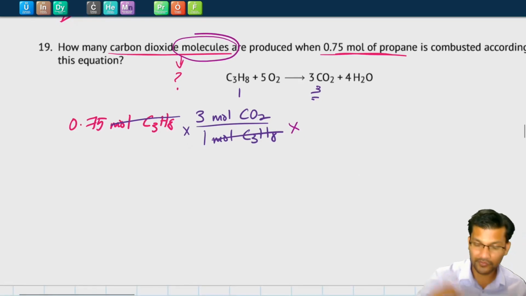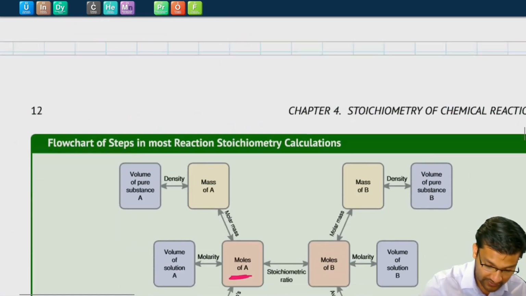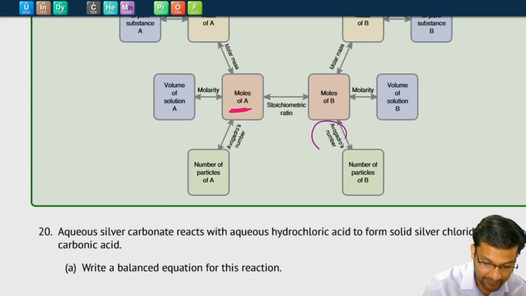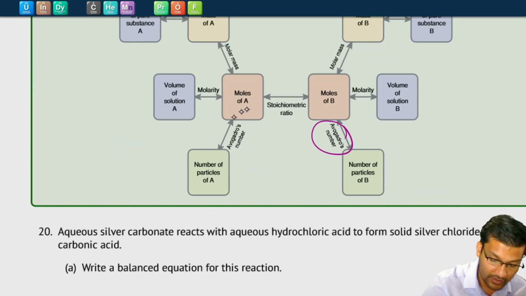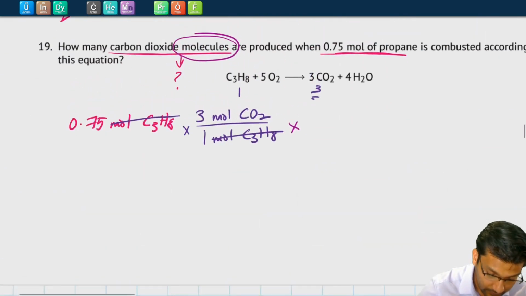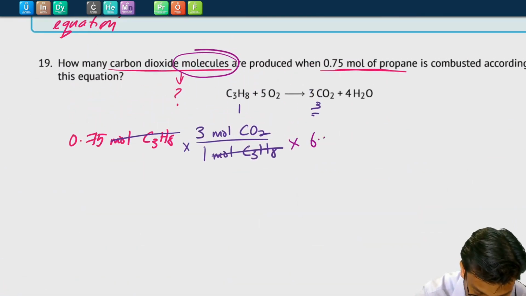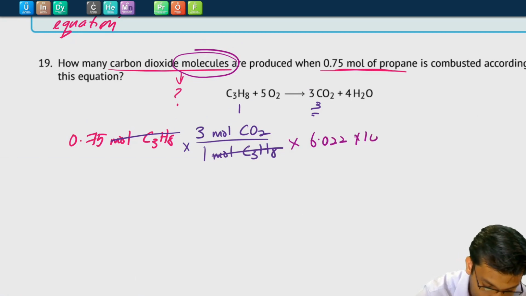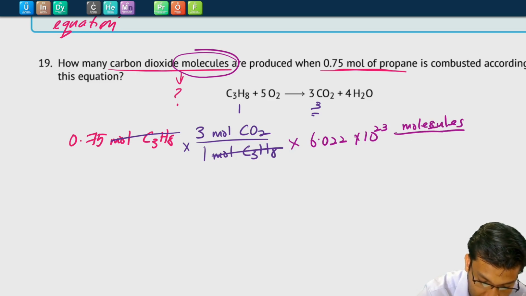And we can convert from moles to number of molecules, if you don't remember, using Avogadro's number. So Avogadro's number is 6.022 times 10 to the 23 molecules per mole. So moles cancel out.